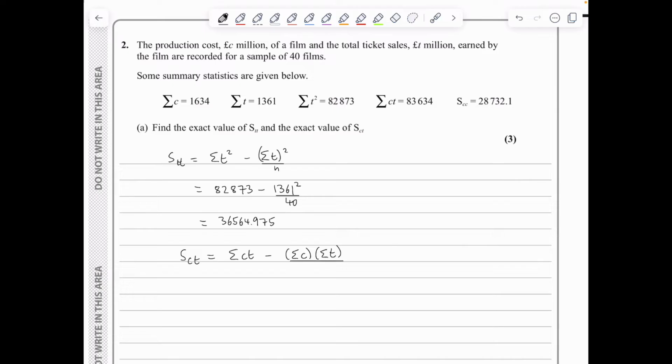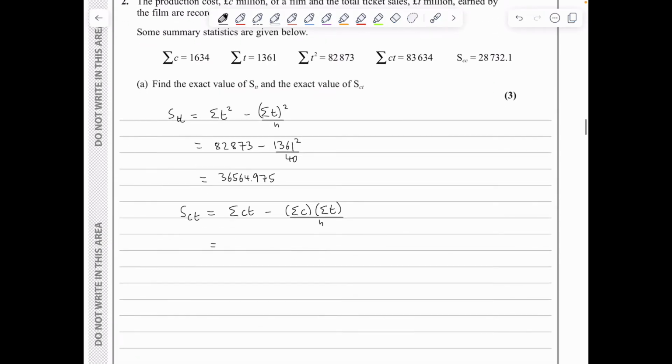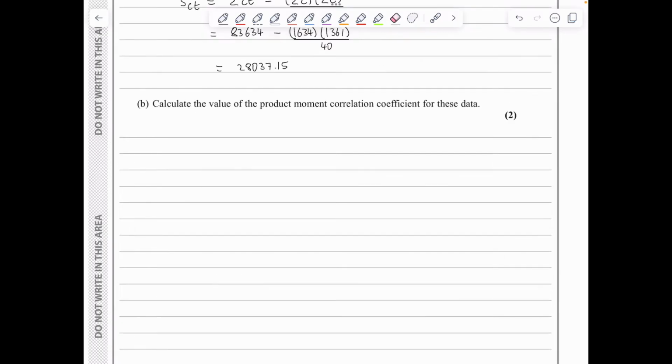So in this case, the sigma CT is 83,634 minus 1,634 times the 1,361 over 40, which gives an answer of 28,037.15.